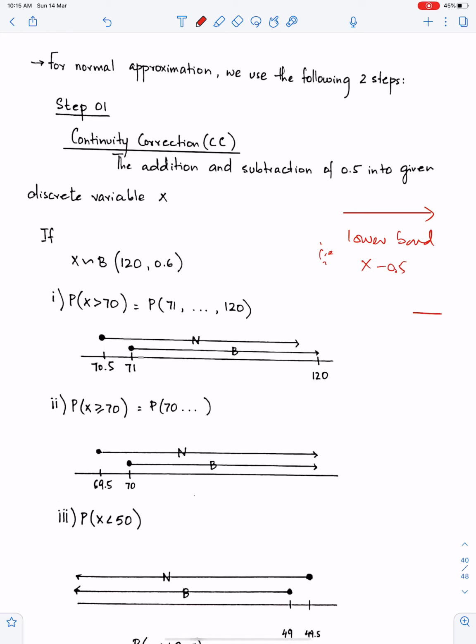And whenever you go on this side, then take the upper bound, that means you have to add 0.5. We can understand this concept through the following examples.